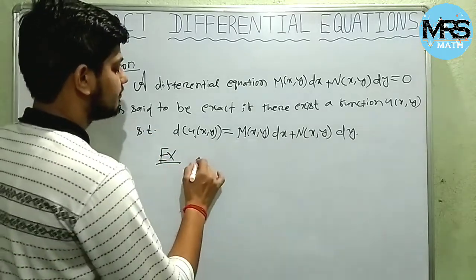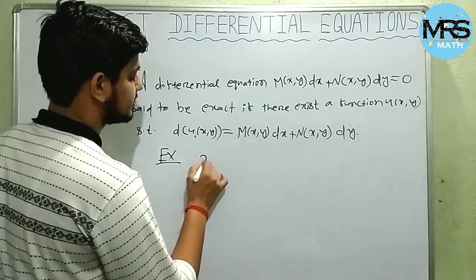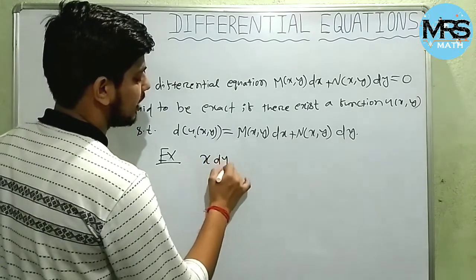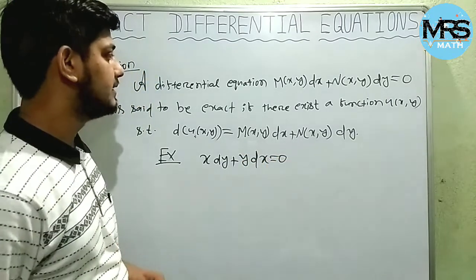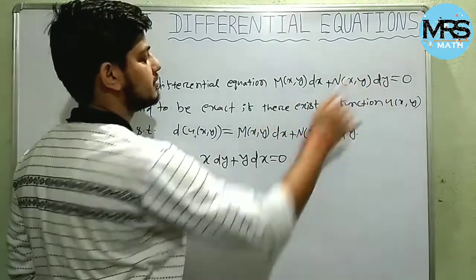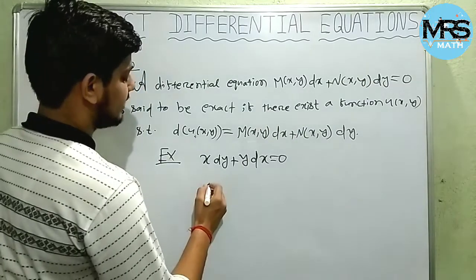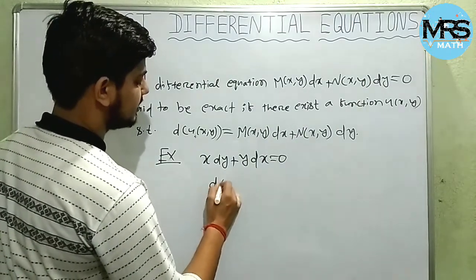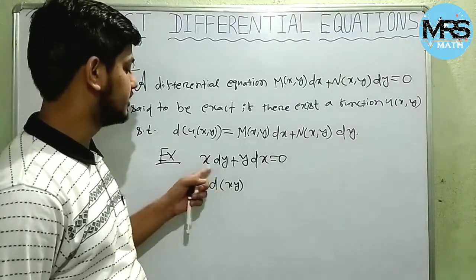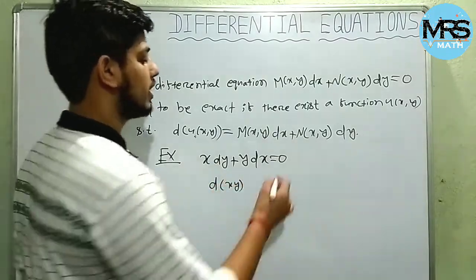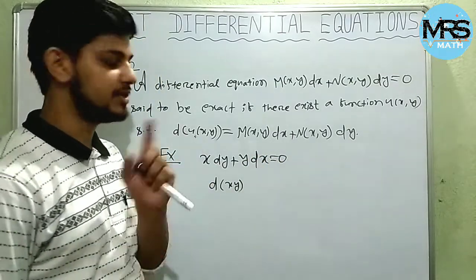Consider the differential equation x dy + y dx = 0. This is in the form of the differential equation. We can write this as d(xy), yes or no, by applying the chain rule: x dy + y dx. So this one is an exact differential equation.